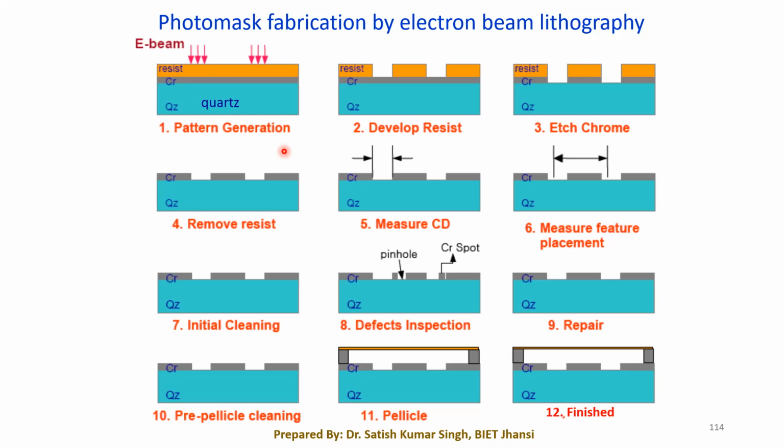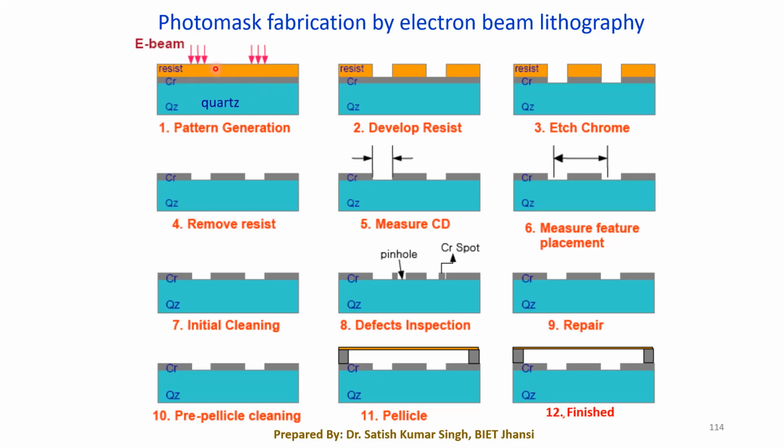A very sophisticated system will be fed with a particular program, and that program will run a pattern generator that generates electron beams in a particular pattern. Then this particular area will be exposed with the electron beams.